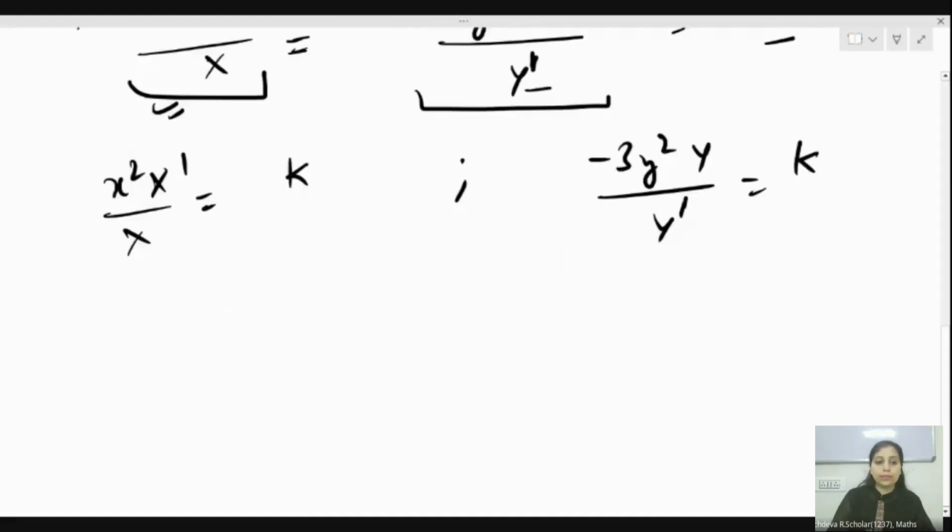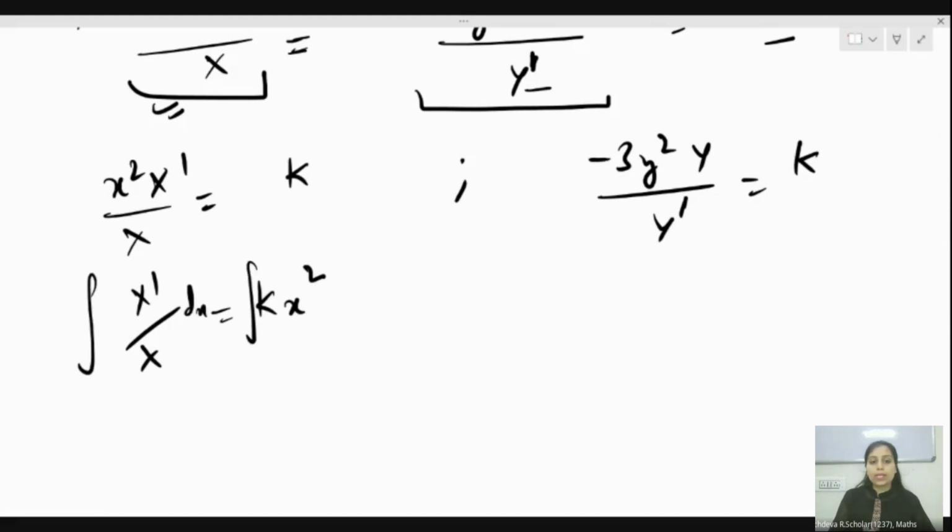Solving one by one, when we solve this, X'/X is equal to k/x². So integrating both sides with respect to x, this will give you logarithm of X. As we know, when the derivative is above and below is that function, then the integration of this is the logarithm.